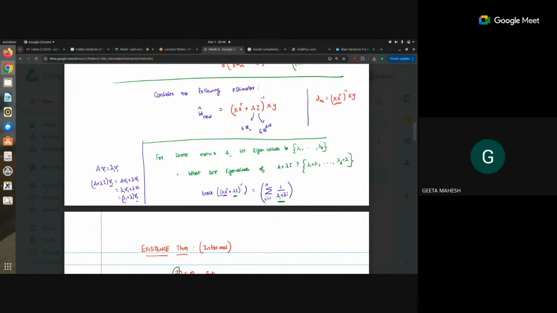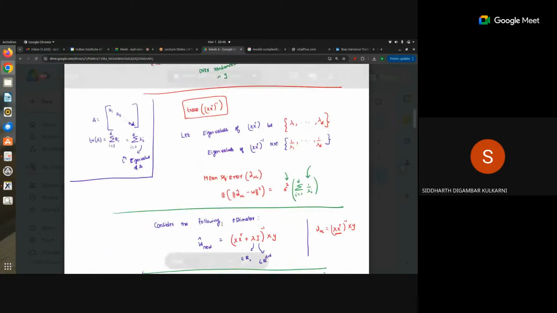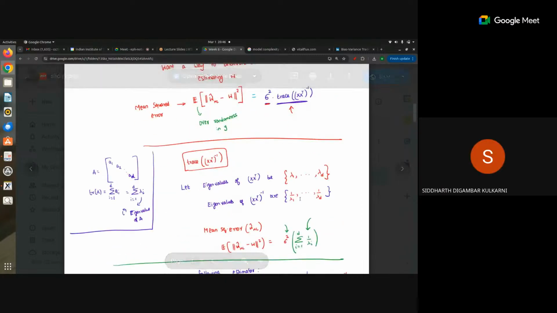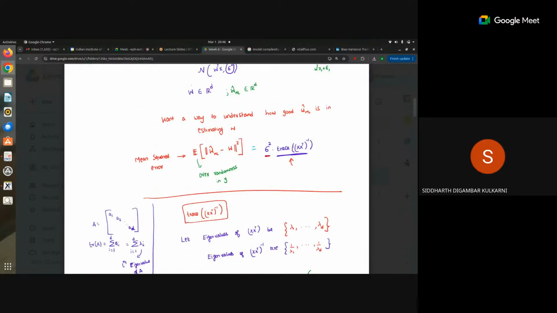So if your lambda is higher, what happens here? It decreases the value of the eigenvalues, and the trace also decreases. If the trace decreases, what does that mean? The variance of W hat ML around W is getting lesser and lesser, right?